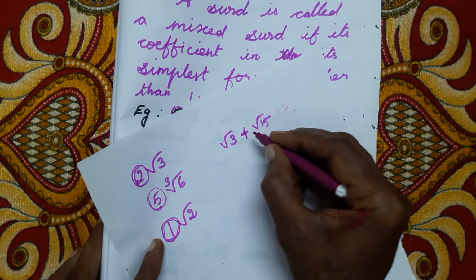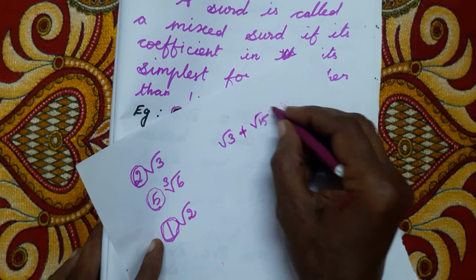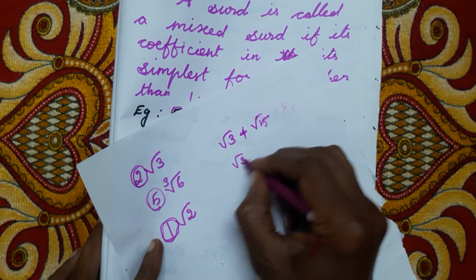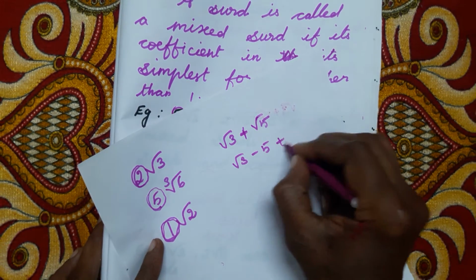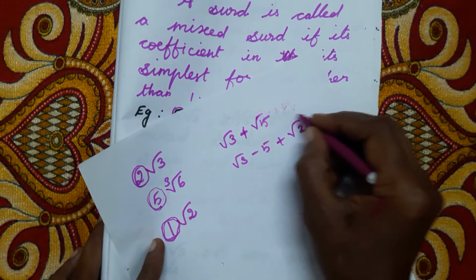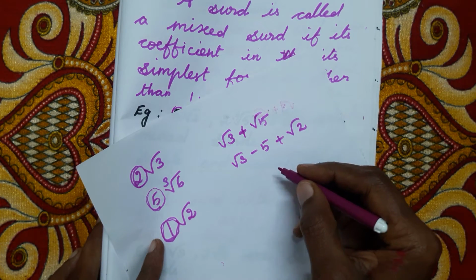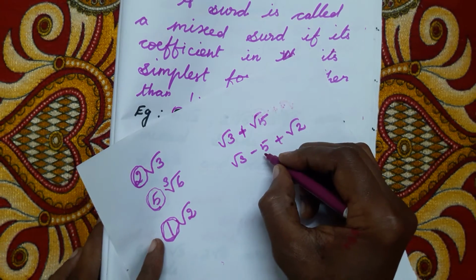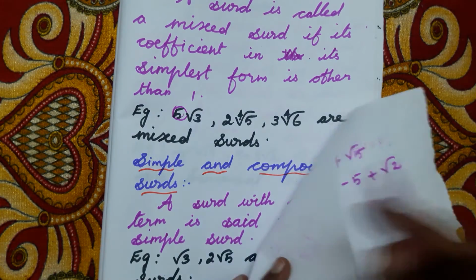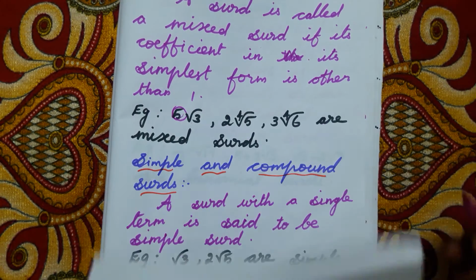When a plus or minus comes in between, we say 2 terms. Root 3 minus 5 plus root 2: here how many terms? 3 terms. All of these we call compound surds.